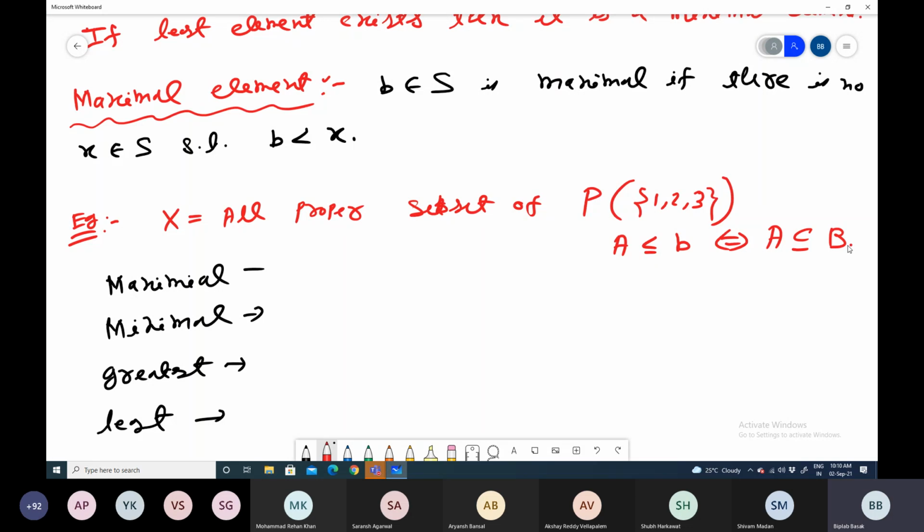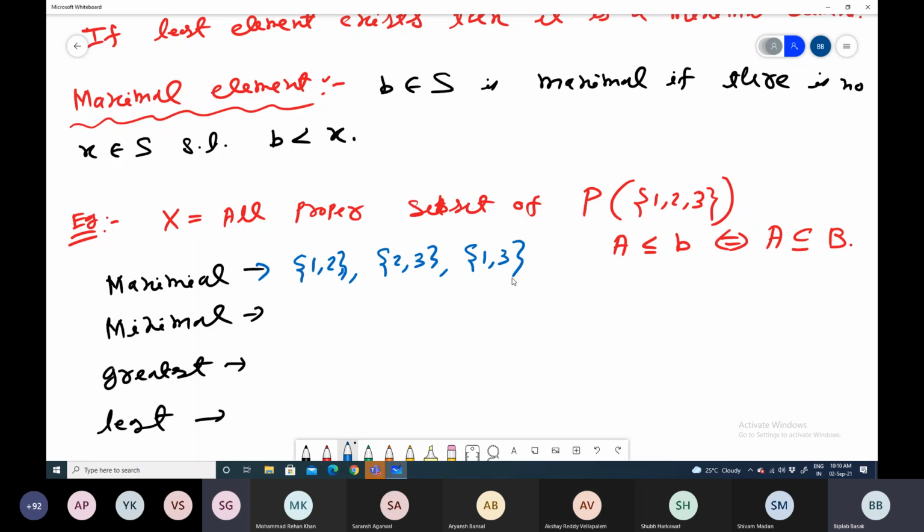Now tell me, what are the maximal elements? {1,2}, {2,3}, and {1,3}. So maximal elements are {1,2}, {2,3}, {1,3}. What are the minimal elements?